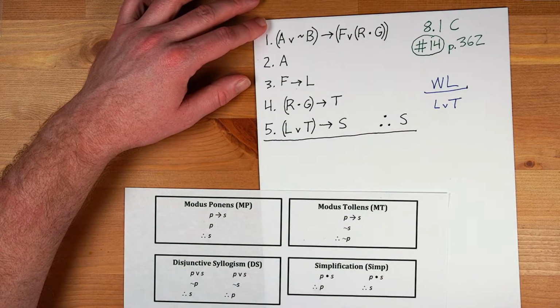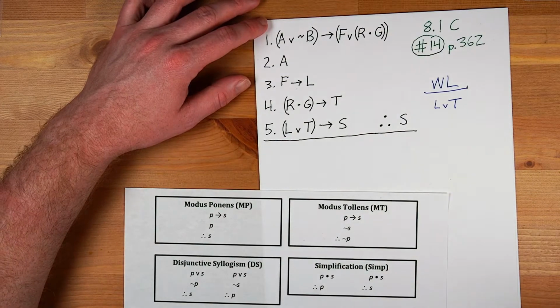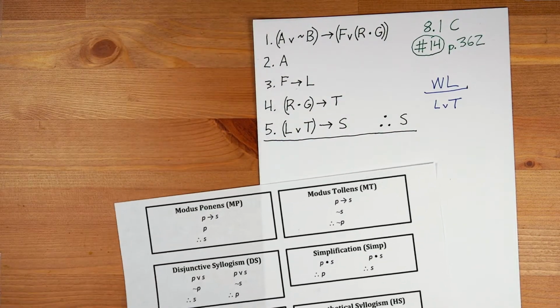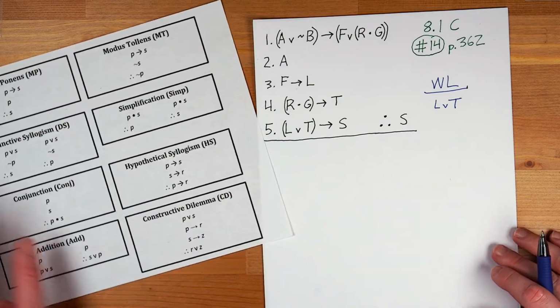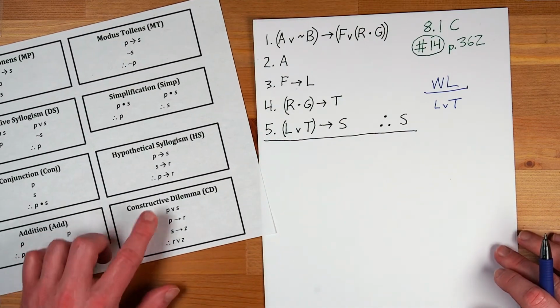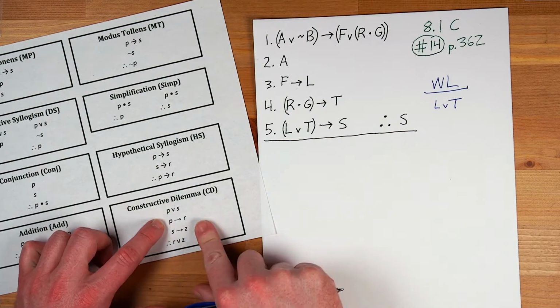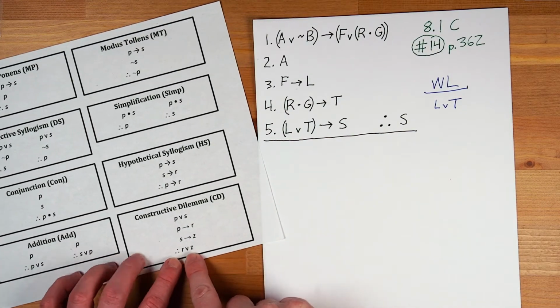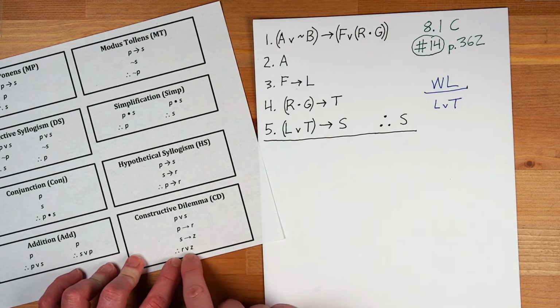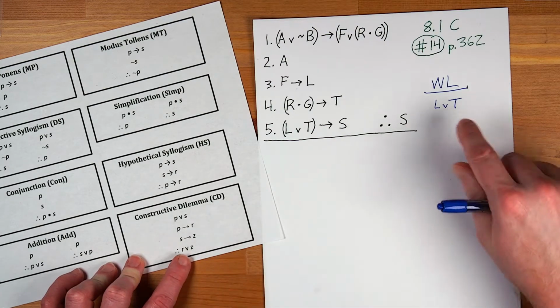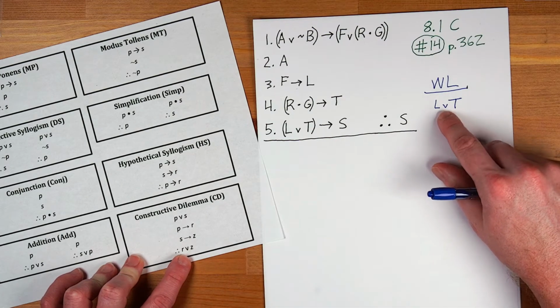And hopefully, when you see something like that, a good idea is to think of constructive dilemma. Take a look at this. In the rule for constructive dilemma, you're trying to get a disjunction, R or Z, like we're trying to get a disjunction.